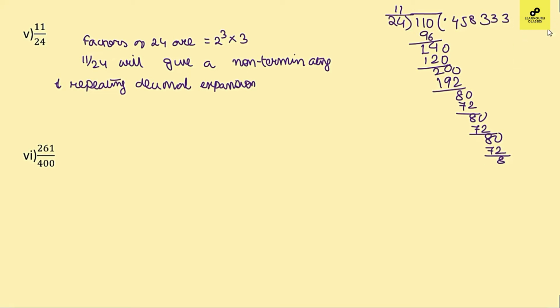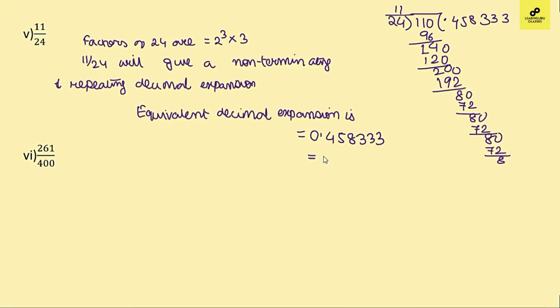So the sequence of 3 will be repeated. So here we see that it is being repeated. So the equivalent decimal expansion is 0.458333. So you can just write it as 0.4583 bar. Since 3 is being repeated, so you are giving a bar under 3.